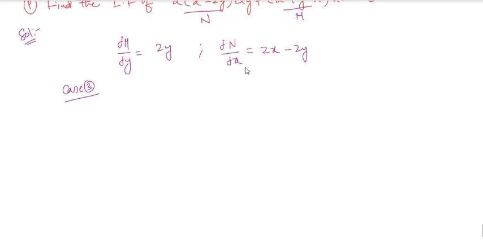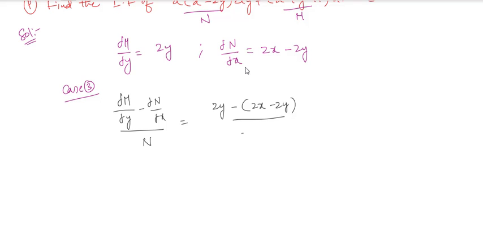If I apply that, I will get (∂M/∂y minus ∂N/∂x) divided by N, which is equivalent to substituting ∂M/∂y as 2y minus ∂N/∂x as (2x minus 2y), divided by N. N is nothing but x into (x minus 2y).